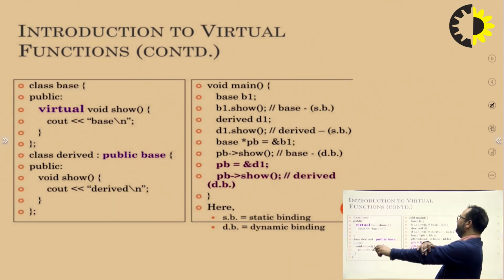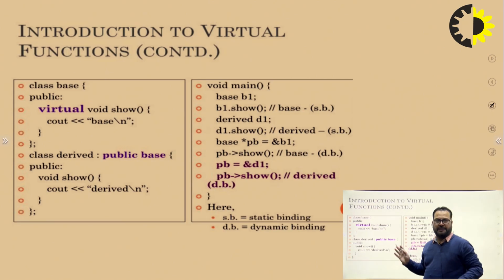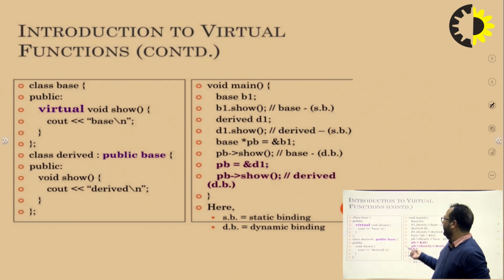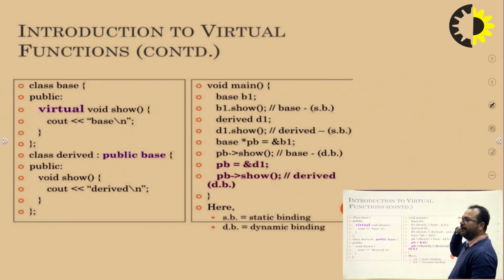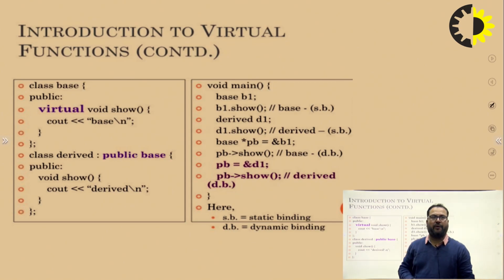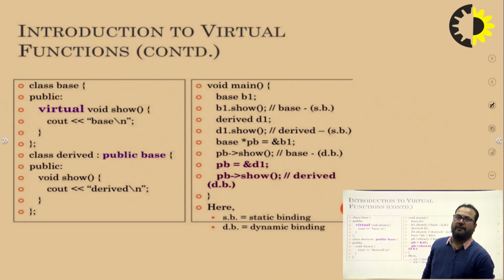Let's elaborate. I am going to elaborate using a pointer to the base class, and using the pointer to the base class we are going to point to the derived class and its functions.